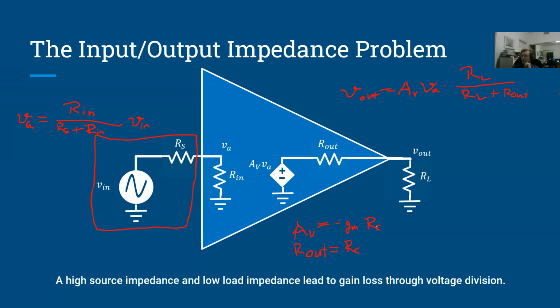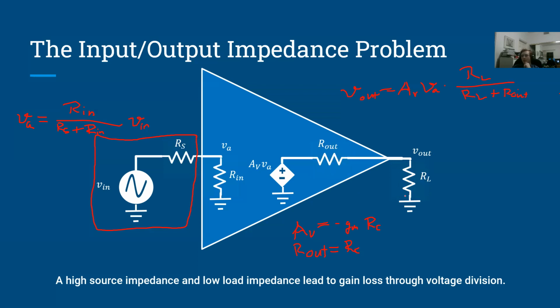So by increasing RC, we increase the gain. But by increasing RC, we also increase Rout, which decreases the gain. So there's kind of a problem here where if we want to have a small RL, then we can't have a large RC and thus a large gain, because that'll create some voltage divider effect, which will reduce the gain.